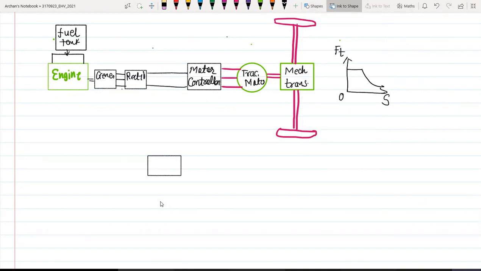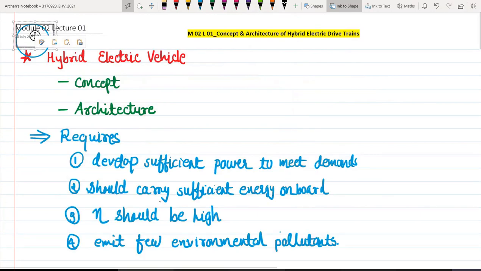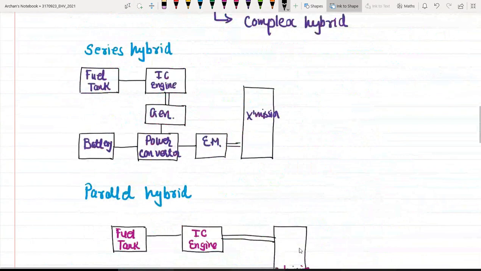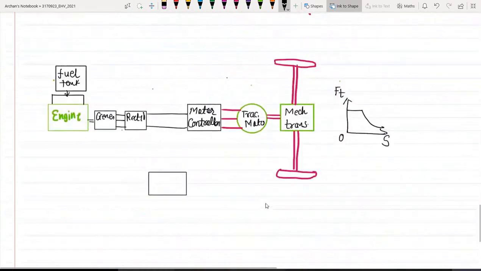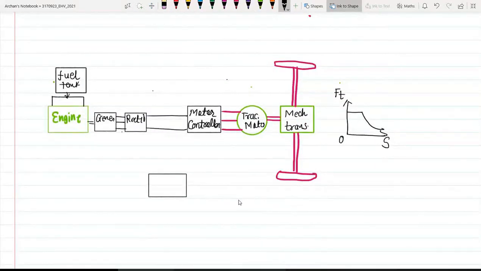So we may have this battery over here. Coming back to the block diagram, yes. And then we should have one battery. Let us say in this block, there are a number of cells connected in series like this.